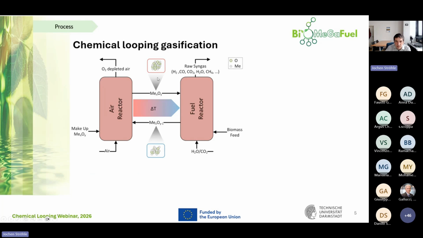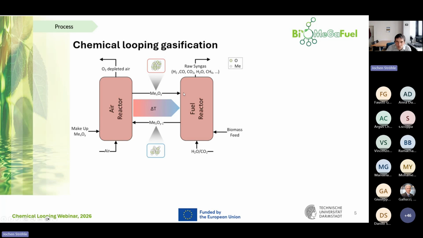So here again, a scheme of the chemical looping gasification reaction. I already explained the main principle. So we have a metal oxide as an energy carrier here. So we have a temperature difference between air and fuel reactor, but also providing oxygen.